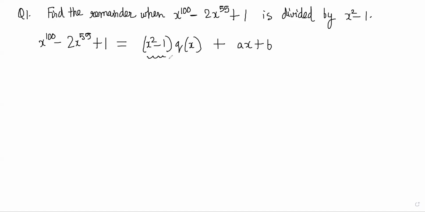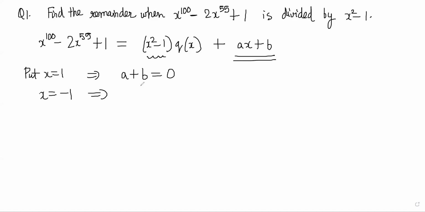Now, in order to find ax plus b, I need two equations. I can put x equal to 1. If you put x equal to 1, x^2 minus 1 vanishes and you get basically a plus b is equal to 0. Similarly, if you put x equal to minus 1, again x^2 minus 1 vanishes and you get b minus a is 4, which just tells us that a must be minus 2.